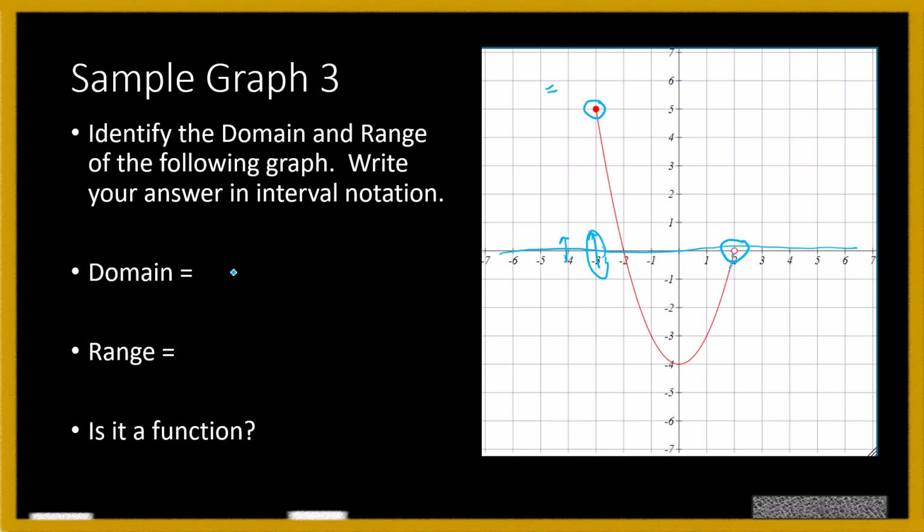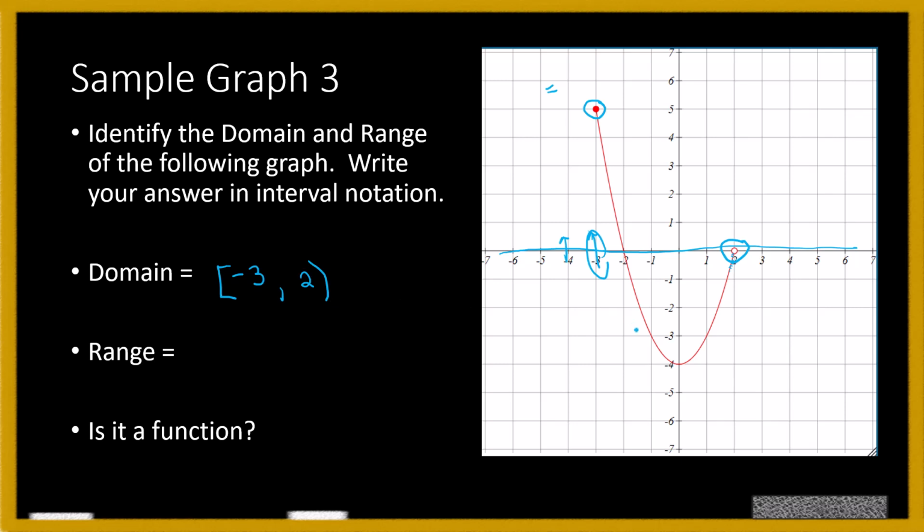So my domain starts at -3, and a solid dot means it's equal to, and then it continues along the x-axis until it hits x equals 2. But since it's an open circle, that means it doesn't actually equal 2, so I'm going to use the curved parenthesis.